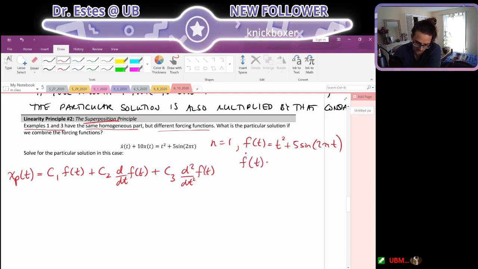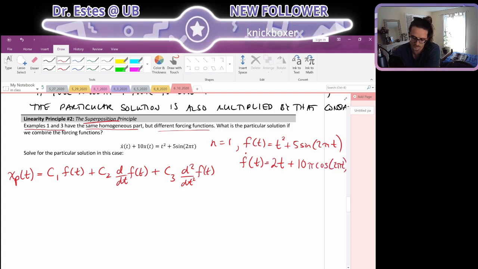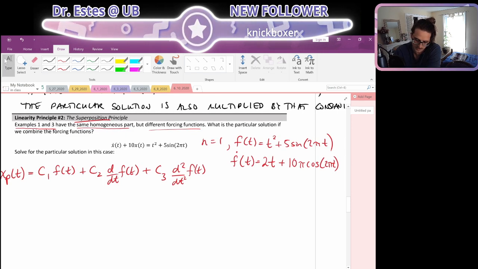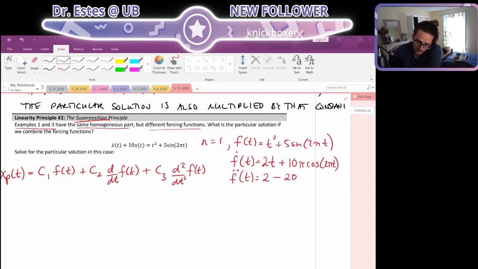So the first derivative, 2t plus 10 pi cosine 2 pi t. And if we take the second derivative, that's going to be 2 minus 20 pi squared sine 2 pi t.